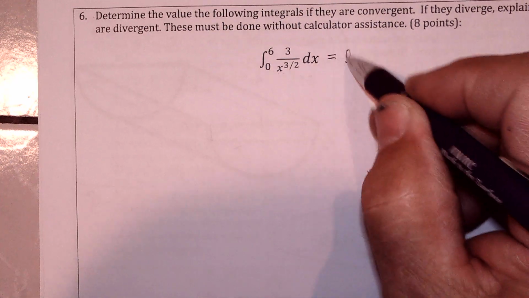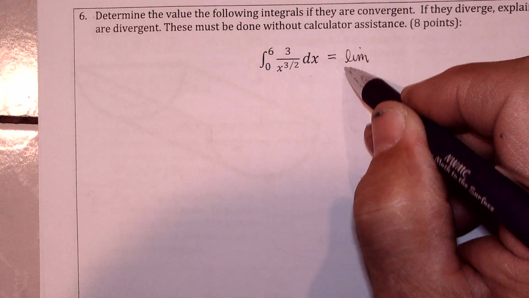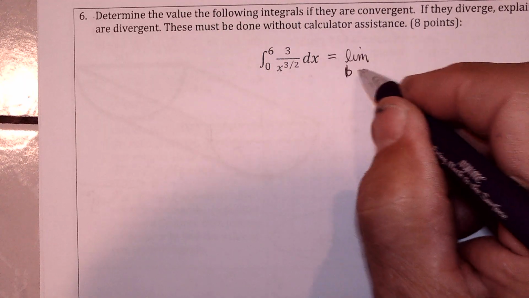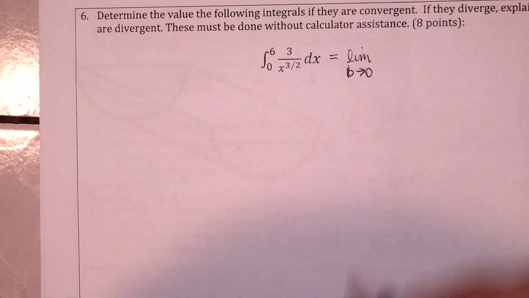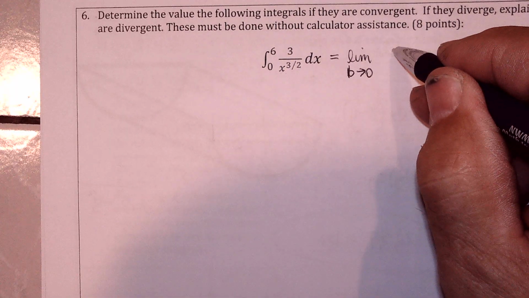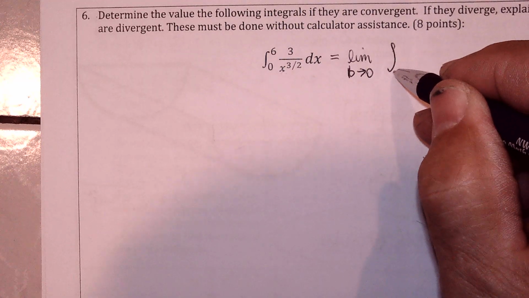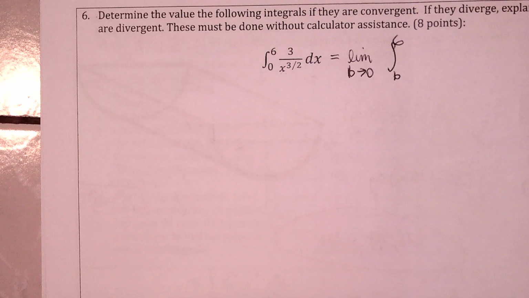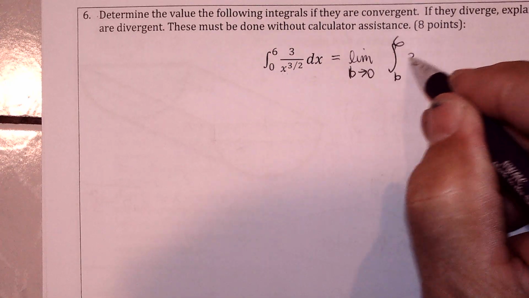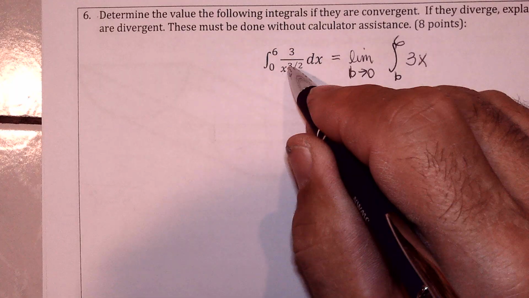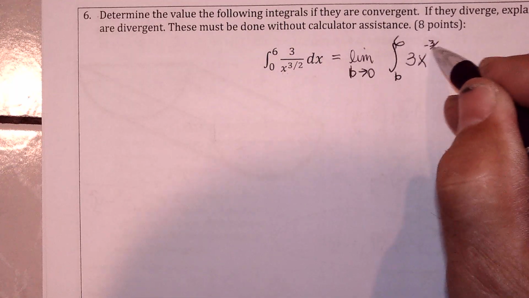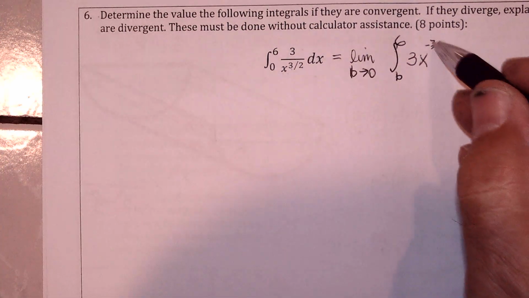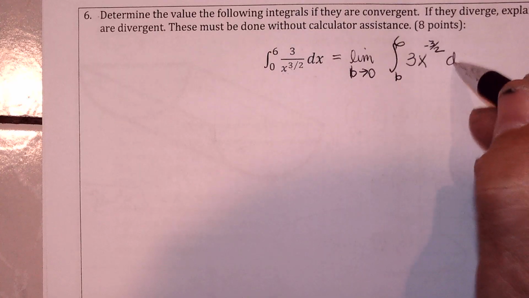So we've got to go limit as something, b, c, k, whatever, b approaches 0 of the antiderivative from b to 6 of 3x to the negative 3 halves. Changing the sign brings this up. No flipping of the power. dx.